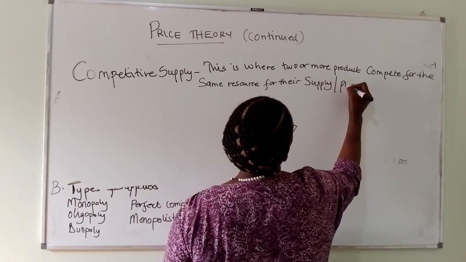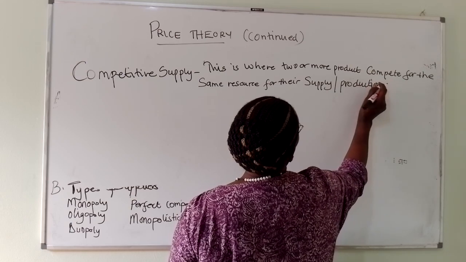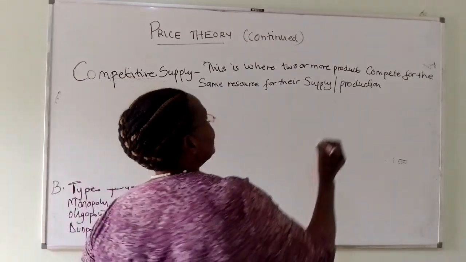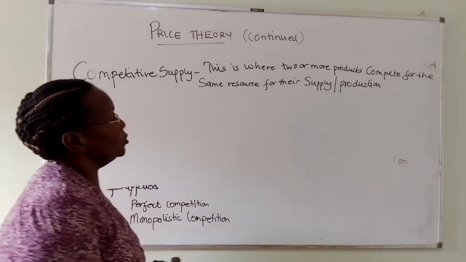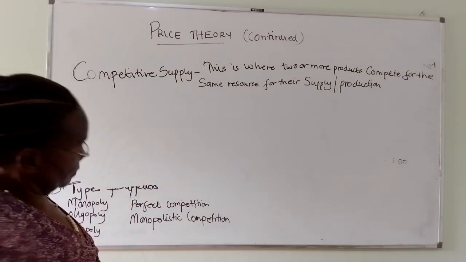This is where two or more products compete for the same resource for their supply or their production. We call it competitive supply.